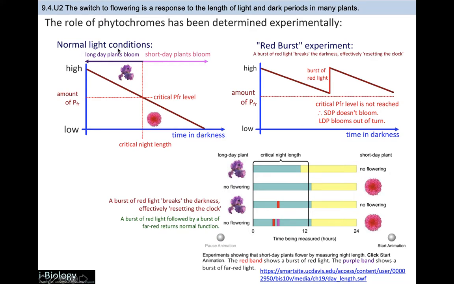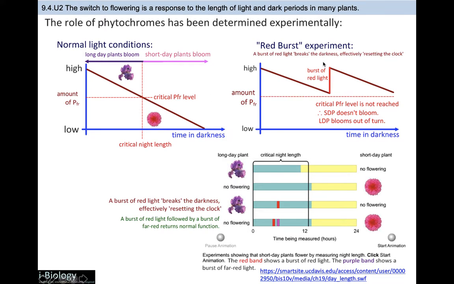Looking at these graphs, you can see that for long day plants, in order for them to bloom, you need a low amount of time in darkness, and we also want a high amount of far red. Whereas for short day plants, we want a longer time in darkness and a smaller amount of far red phytochrome.